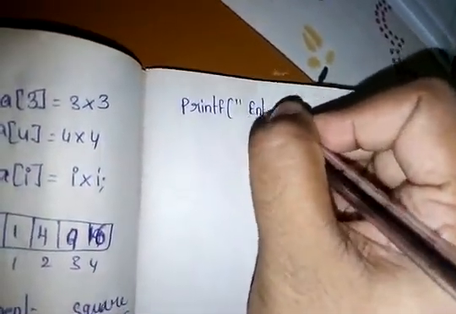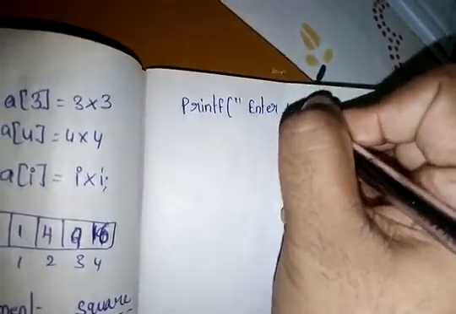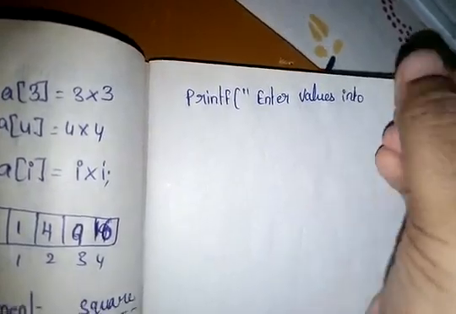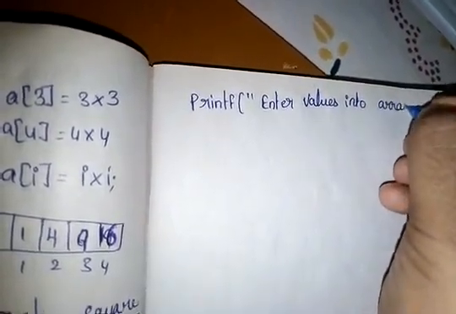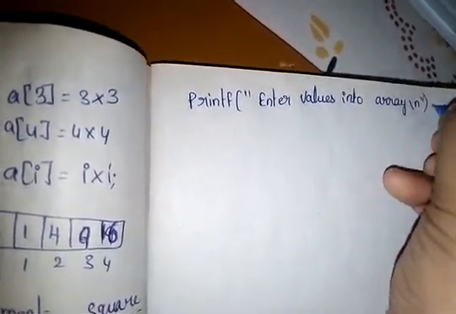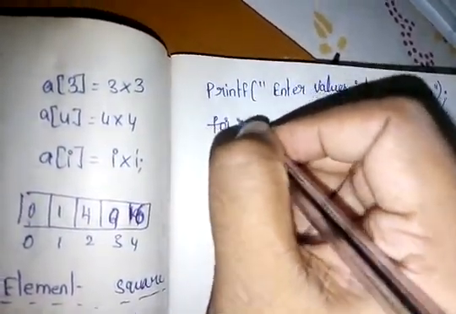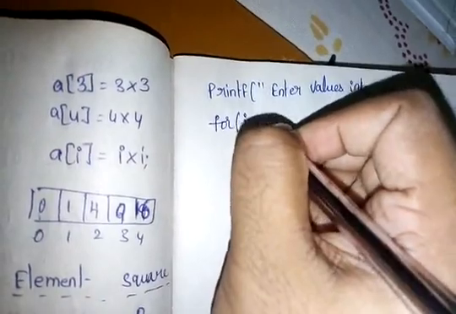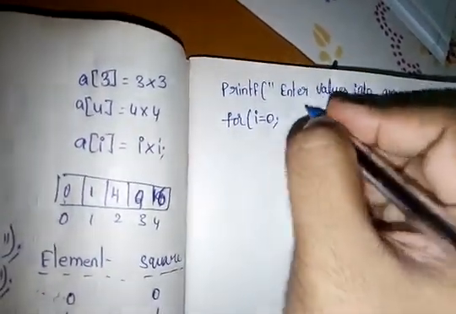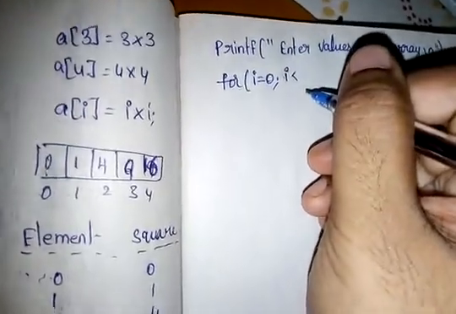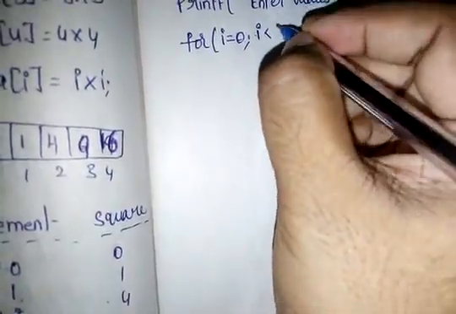So printf, ask the user to enter values into an array. So printf, enter values into array. Now in order to take input, we need to use a for loop, for i is equal to 0, since our index starts from 0. i less than, what is our capacity of the array now?